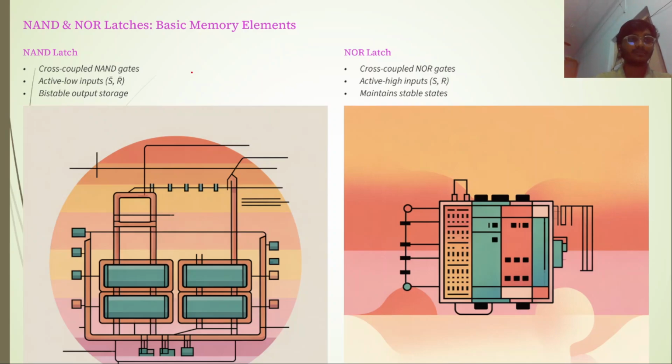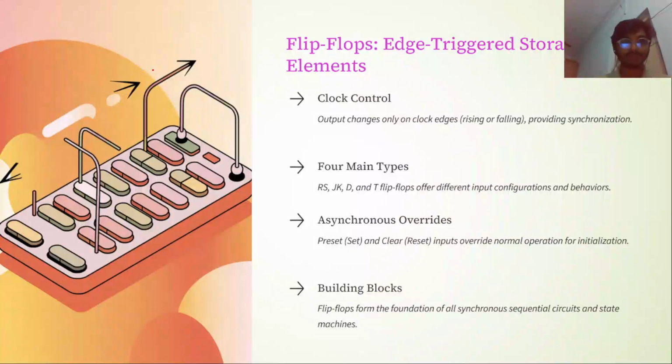Here you see active low inputs in the NAND latch and active high inputs in the NOR latch. S and R are the inputs, and S bar and R bar are the complements of S and R. Let's see further in the next slide.